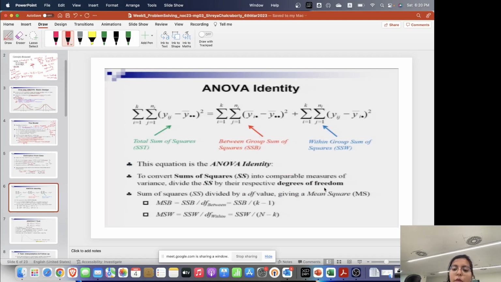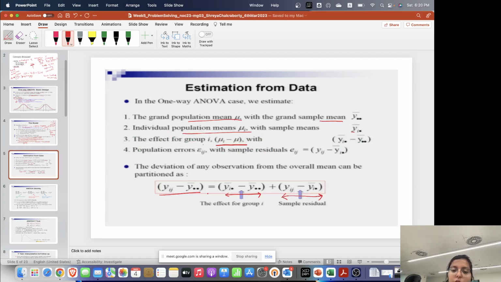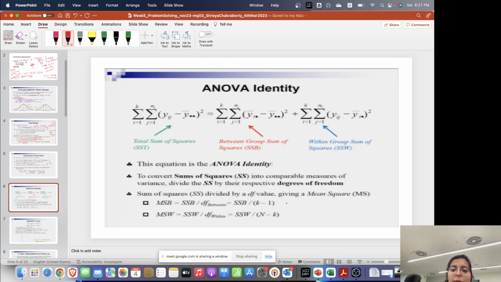So from the previous equation, what we are going to do, we are going to square these up and then we are going to sum it over i and j. After doing that, we land up at this sort of an equation where this is nothing but the total sum of squares, this is the between group sum of squares, and this term represents the within group sum of squares.